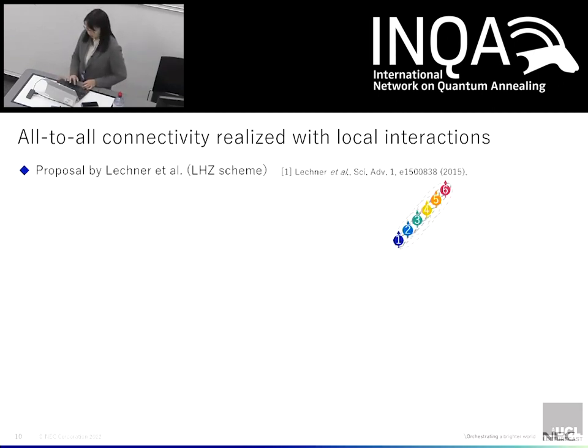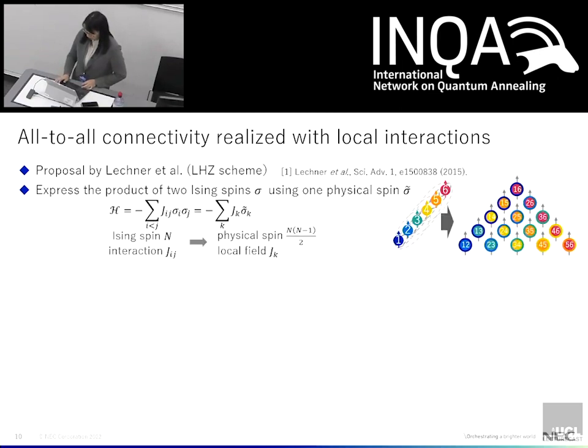In this method, the product of two Ising spins is represented by one physical spin. The number of spins increases from n to n times n minus 1 over 2, but it allows us to represent all-to-all connectivity. The original coupling between spins becomes the local magnetic field for the physical spin. By tuning this local magnetic field, we can tune the interaction between the Ising spins.